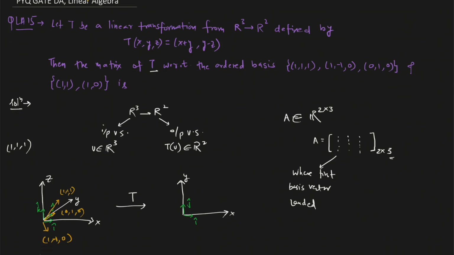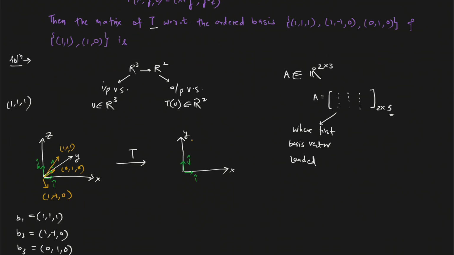Similarly for R2, the output vector space, the basis set is not i hat, j hat. It is 1 comma 1, which is here, and 1 comma 0. So let us suppose this is E1, and this is E2. All right, so this is B1, this is B2, and this is B3.